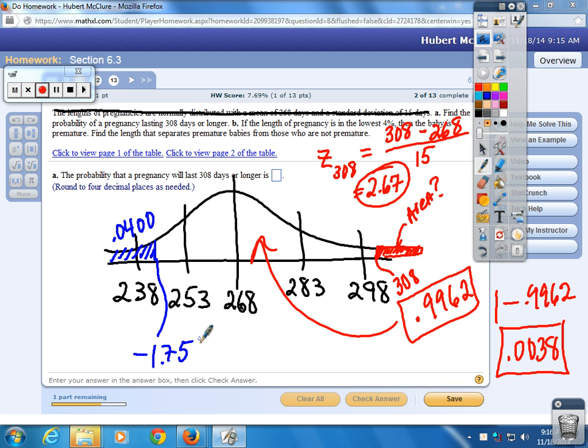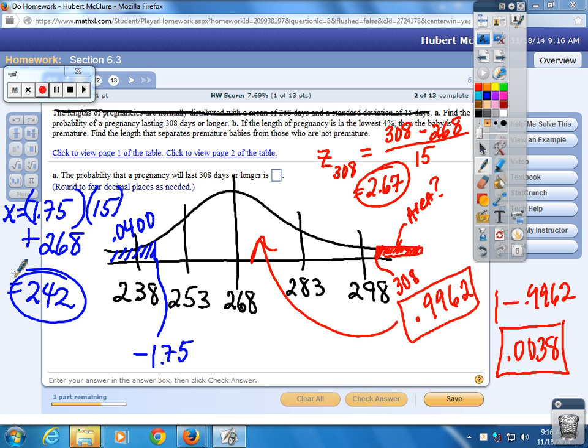Alright, so now you got z times sigma plus mu. So x is equal to negative 1.75 times 15 plus 268. Somebody give me that number. 242.